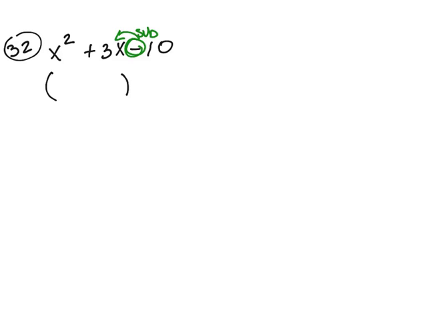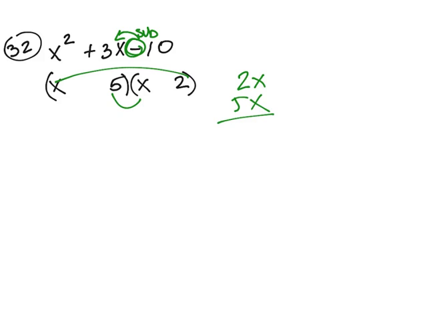Subtracting. Easy factor. X is in the front. What two numbers gonna subtract and give you 3? 5 and 2, 2 and 5. And so 2x and 5x make the 3, but 3 is positive, so who has to be positive? My 5. Good. So that one is going to match the x plus 5.